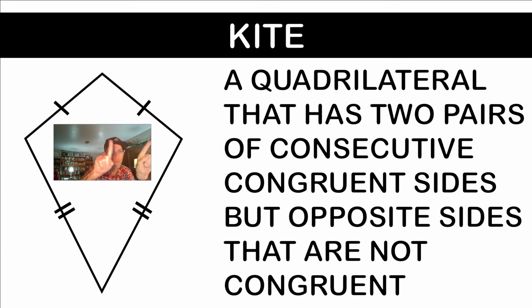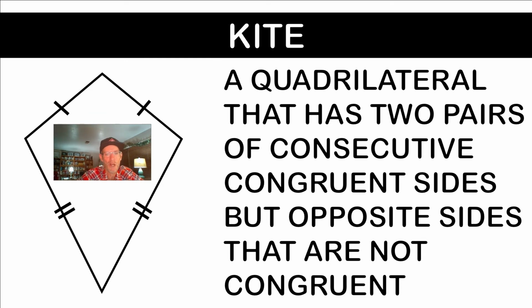So these two pairs of sides up here are consecutive congruent sides. So these two sides are a pair of consecutive congruent sides, and these two sides are a pair of consecutive congruent sides.